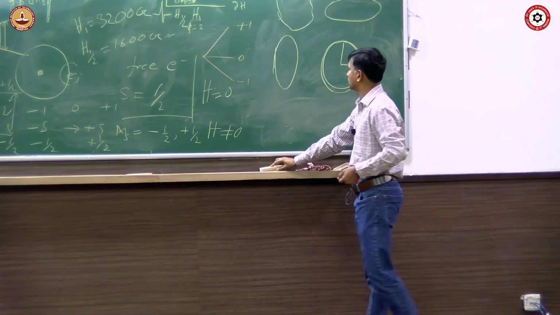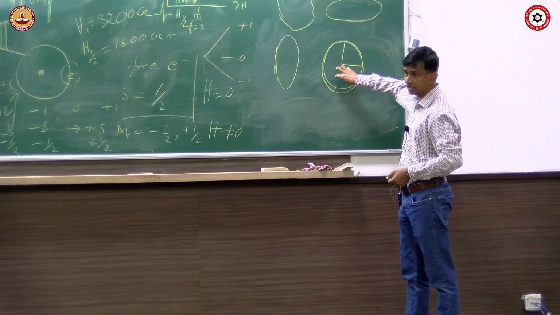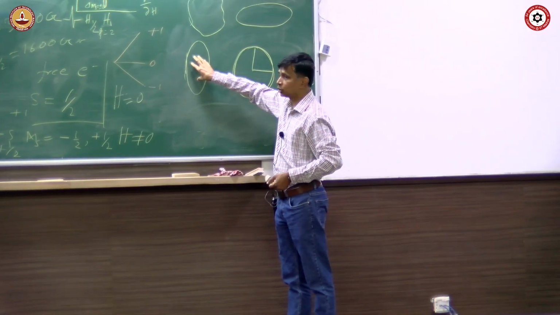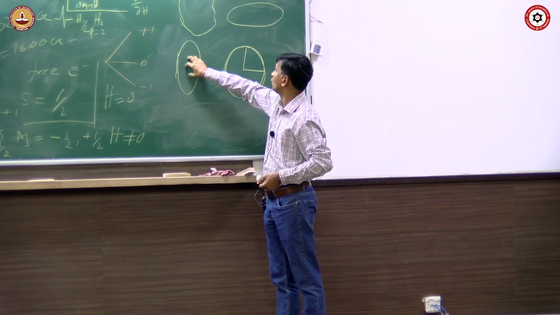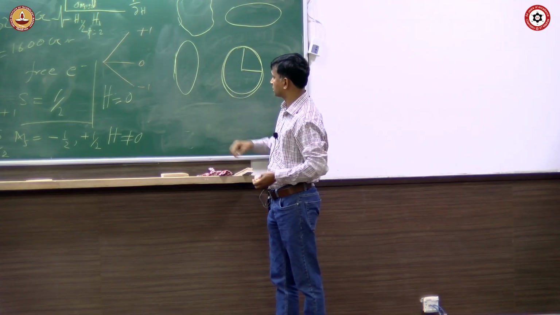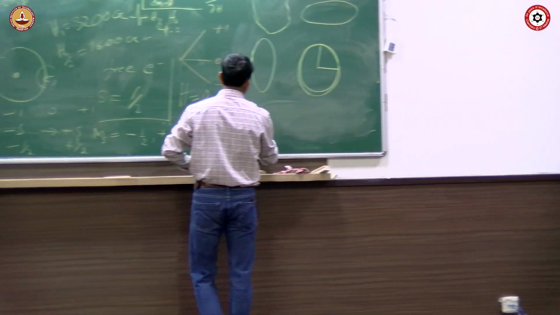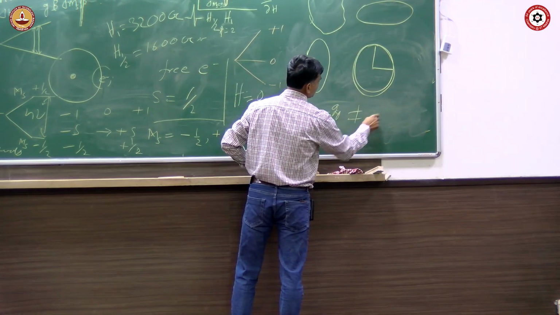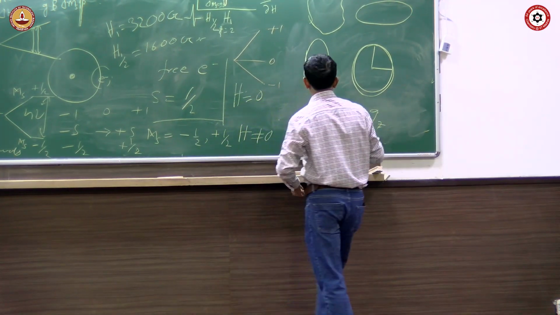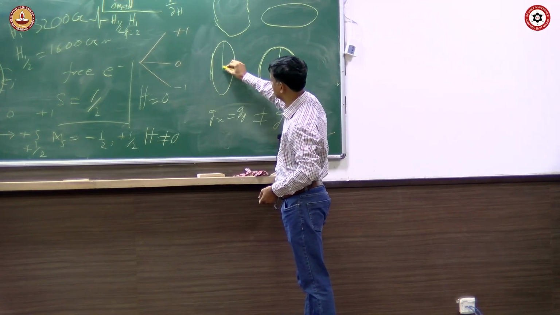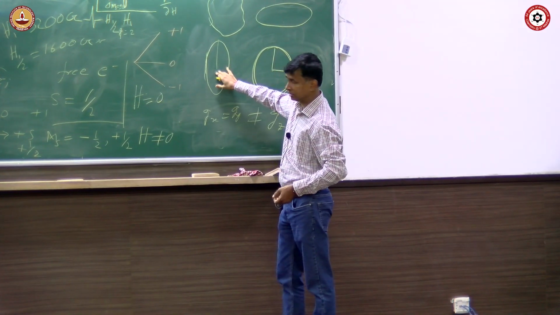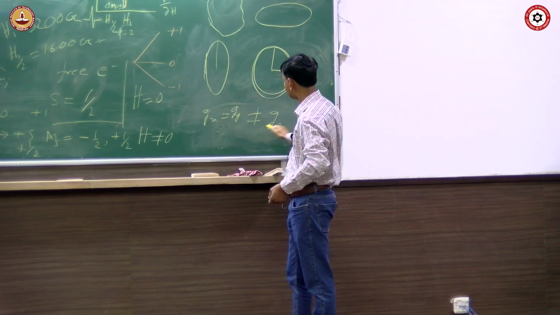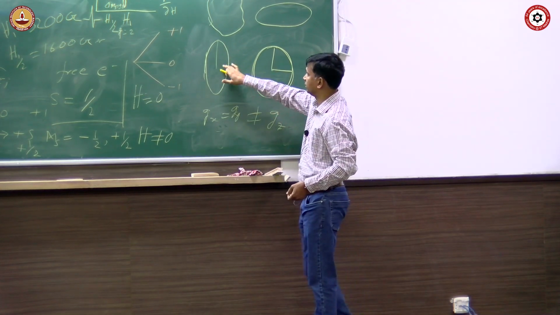So now you see that this is a spherical shape and this is a non-spherical shape. If this is the z axis and these are x and y, now I get the condition gx equal to gy but not equal to gz. If z is different, it will be elongated in that direction.